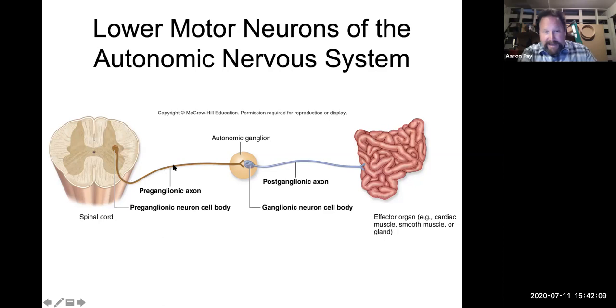So it is going to exit the spinal cord, and it has to go to a ganglion, right? Because that's where it's going to have its synapse. A ganglion is a collection of neuronal cell bodies in the peripheral nervous system.